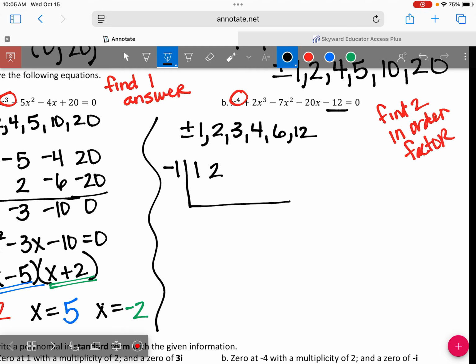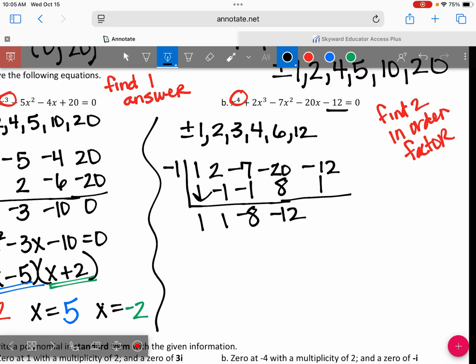So again, you should be pausing the video, working these out, and then comparing your answer. So the first answer is -1. I'm going to go ahead and do my synthetic division. Okay, so -1 is going to work. And then if you try 2, 2 won't work. -2 will work. So now this is my new top row.